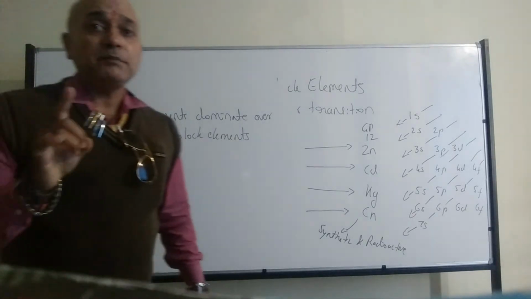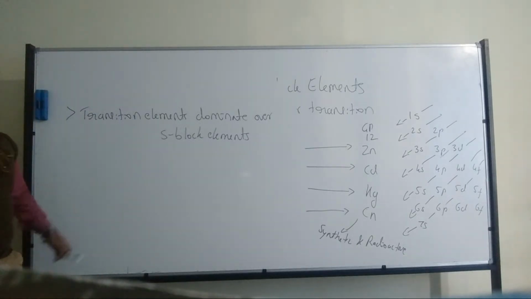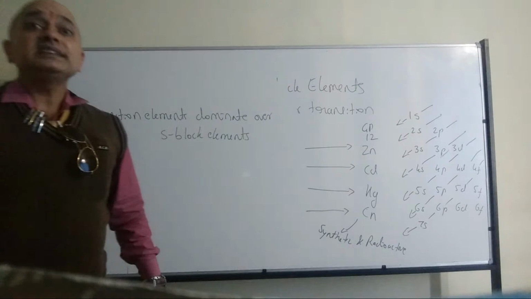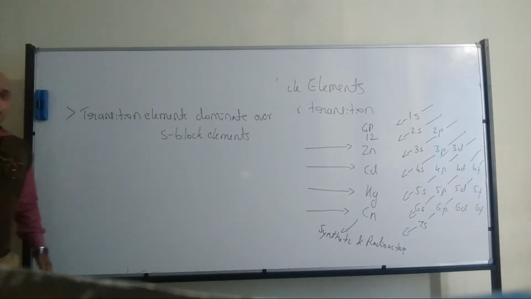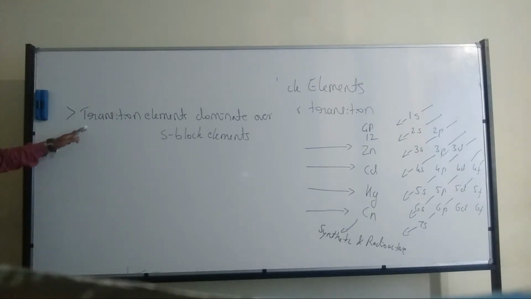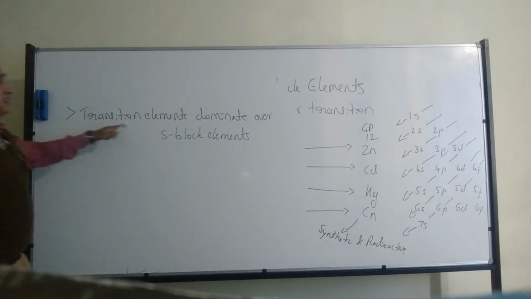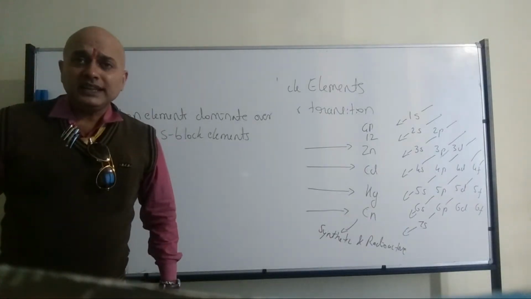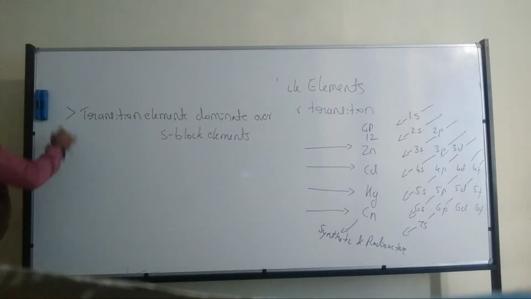But please remember, I am not talking about the reaction. S block elements can donate electrons more easily compared to transition metals. I am not talking about chemical properties. I am talking about physical properties. When it comes to physical properties, yes, transition elements will dominate over s block elements with respect to melting point and all. Okay, so that is one point which we have discussed.